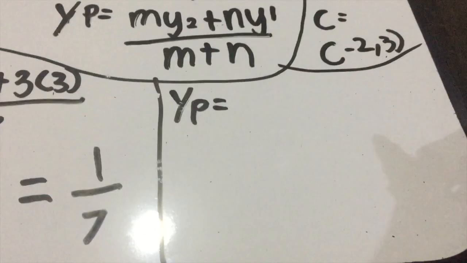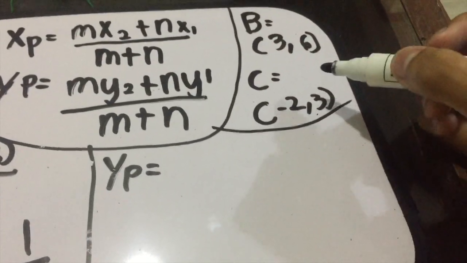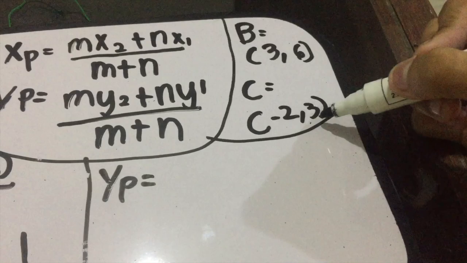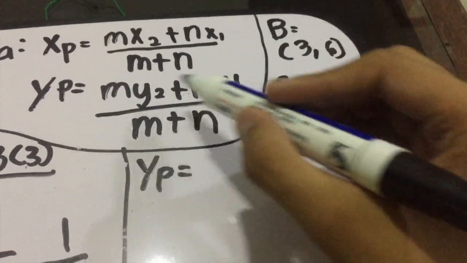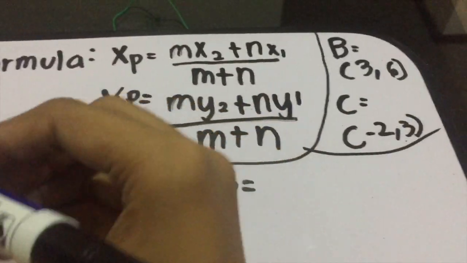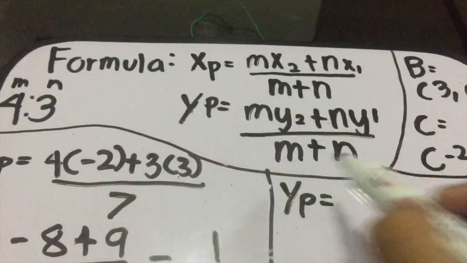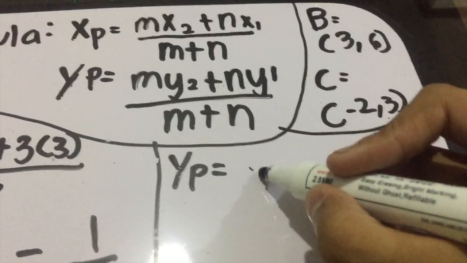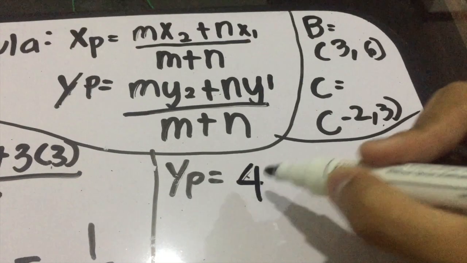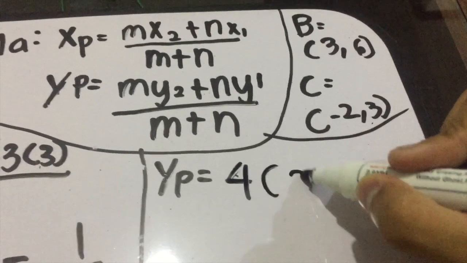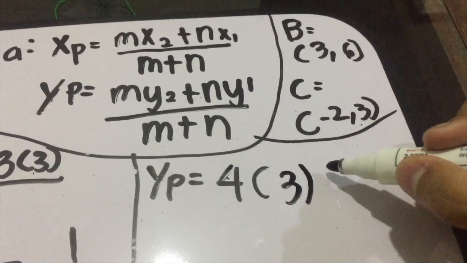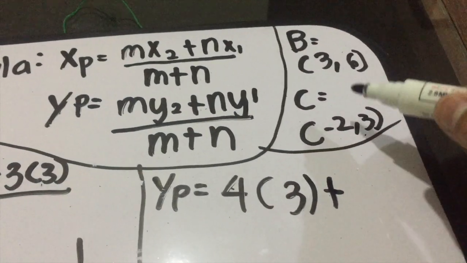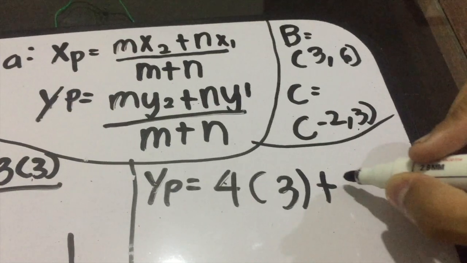Now we will move on to y sub p. Our y values are 3 and 6, and that's the formula that we will use. So the ratio again is m and n, which is 4:3. So 4 first, then 3, which is our y sub 2, plus 3, then times 6, which is our y sub 1.